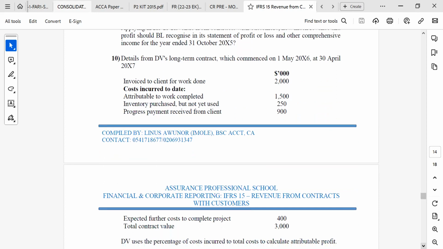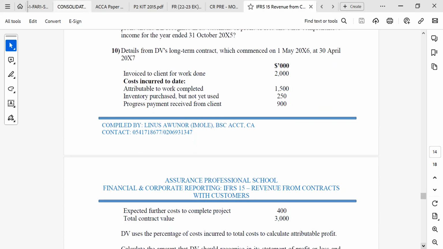Details from DV's long-term contract, which commenced on 1st April 20X7. Invoice from client for work done is 2,000, and cost incurred to date attributable to work completed is 1,500.